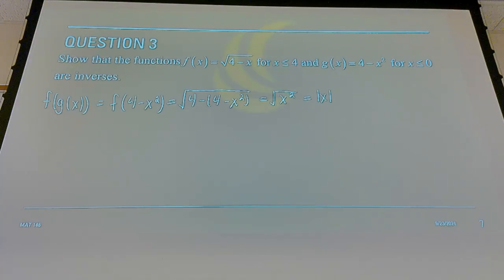Yeah, which means this would be negative x, which is a problem. F of x should not be that. I'm going to stick with that for right now because it's going to serve a purpose.